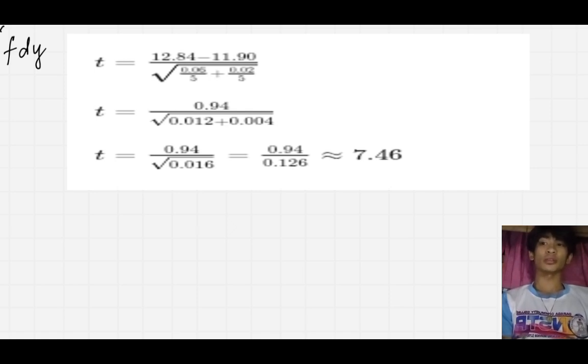So t is equal to 0.94 over the square root of 0.012 plus 0.004. So t is equal to 0.94 over the square root of 0.016, which is equal to 0.94 over 0.126. So it is equivalent to 7.46. So our t is equal to 7.46.